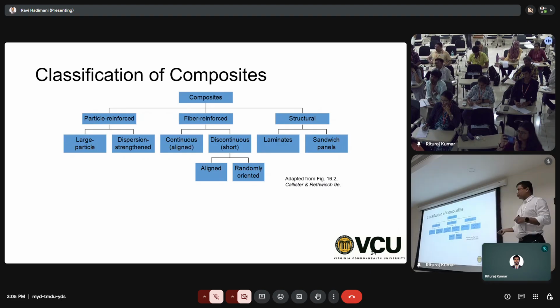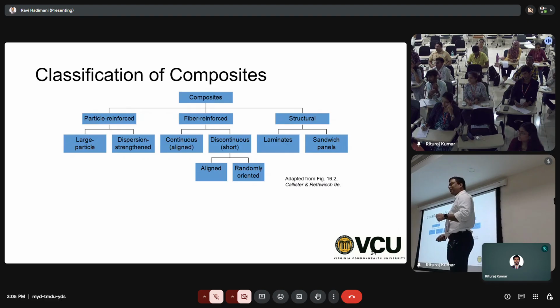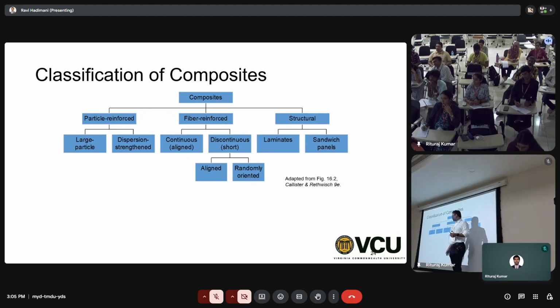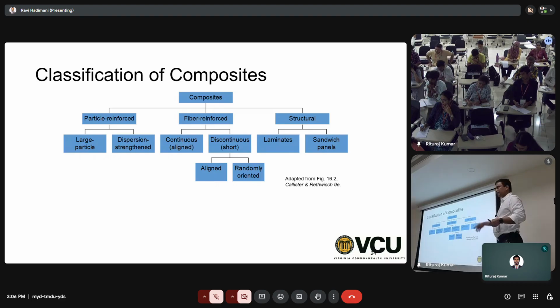So which one do you think will have higher strength, aligned or randomly oriented? I beg to differ. Randomly oriented will have better strength, because when you try to break it, any small cracks can propagate alongside the aligned fibers, whereas in randomly oriented, each fiber is stopping the crack propagation, right?